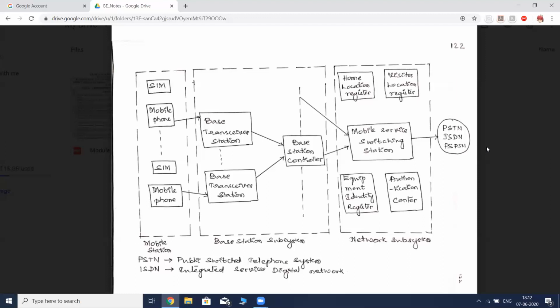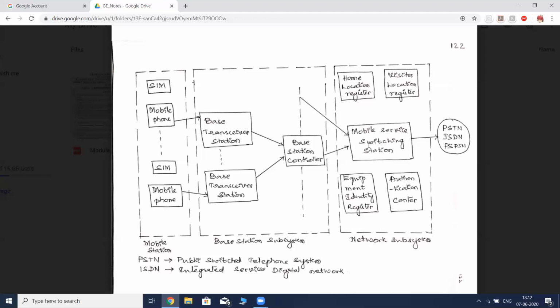Now, there is a hierarchy observed over here, which can be understood easily. Assume a parent comes here, which is the mobile switching station; with respect to our college, this would be the principal's office.